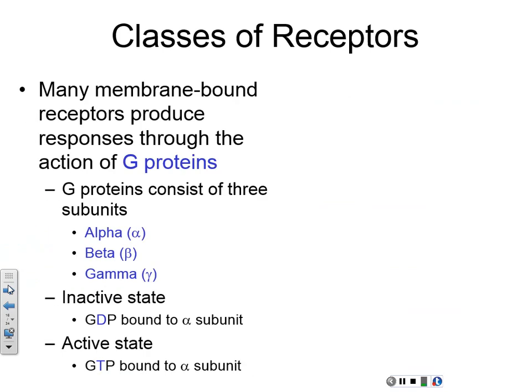So these are the G protein receptors that will attach to a transmembrane protein. And then inside of the cell, there will be a three-subunit protein with beta, alpha, and gamma subunits, okay? So when the transmembrane receptor, the receptor that goes through the membrane, is activated, it will activate those three subunits, okay? Before activation, this alpha is attached to GDP, guanine diphosphate, okay?